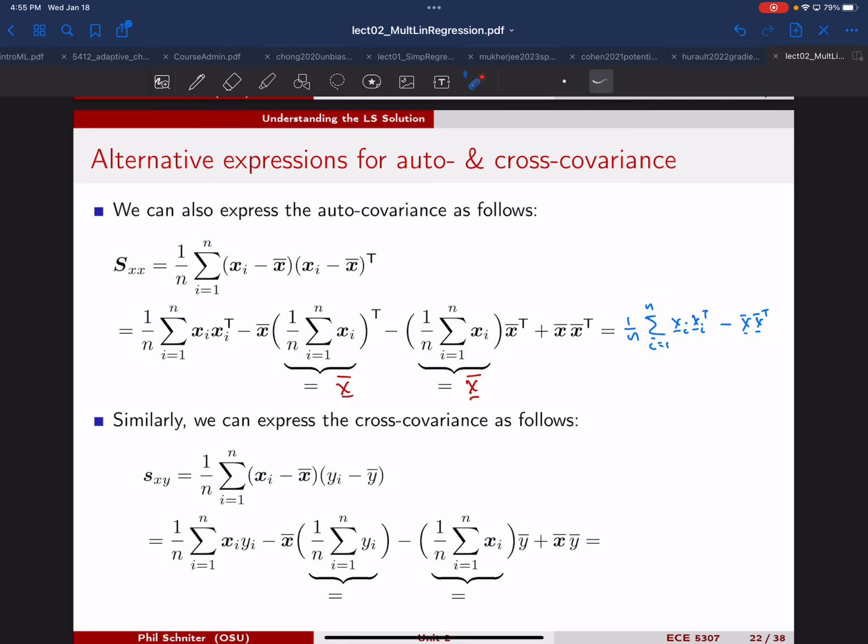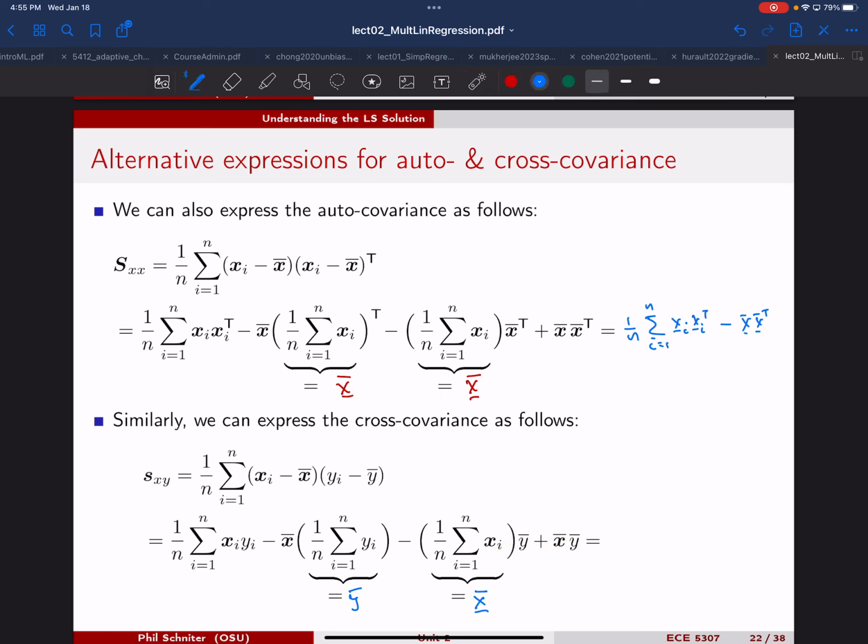Okay, so we can do something similar for a cross covariance. We expand this into the 4 different terms. We notice, for example, that this one is, what is this one? Y bar. This is another, what is this one? X bar. And now you can see that again, the last 3 terms are similar. These cancel.